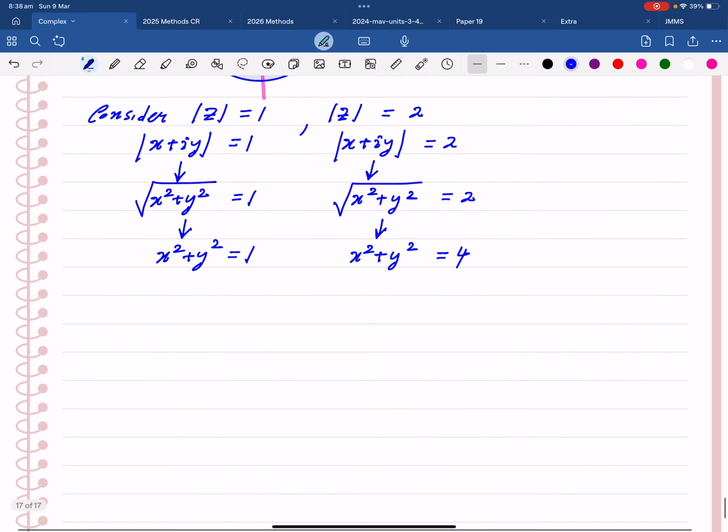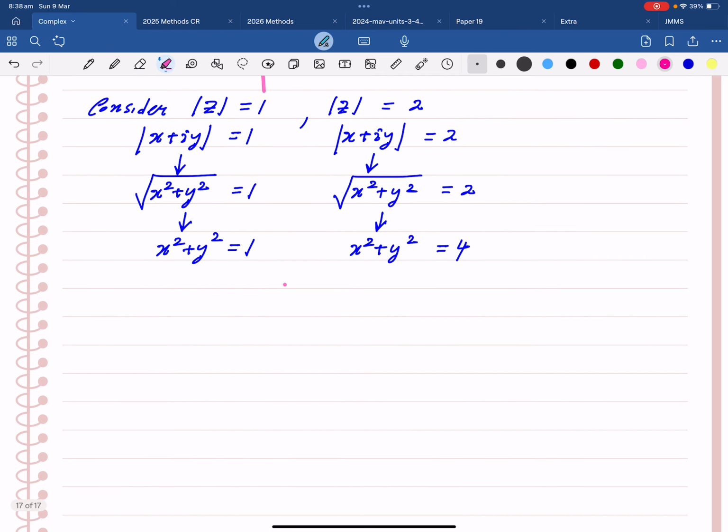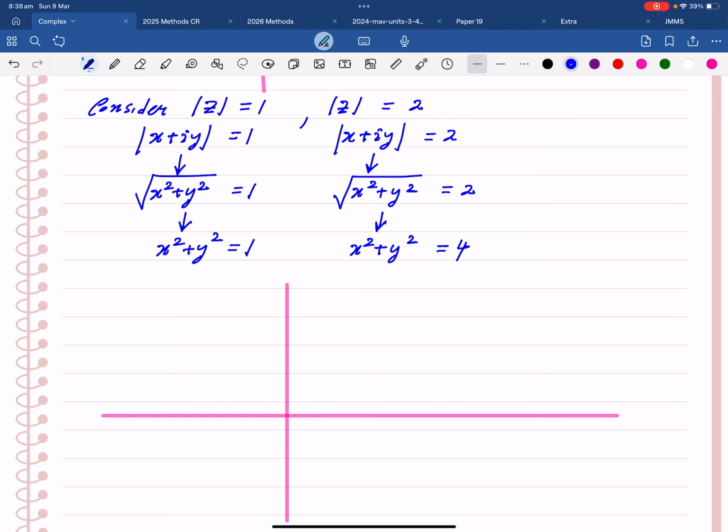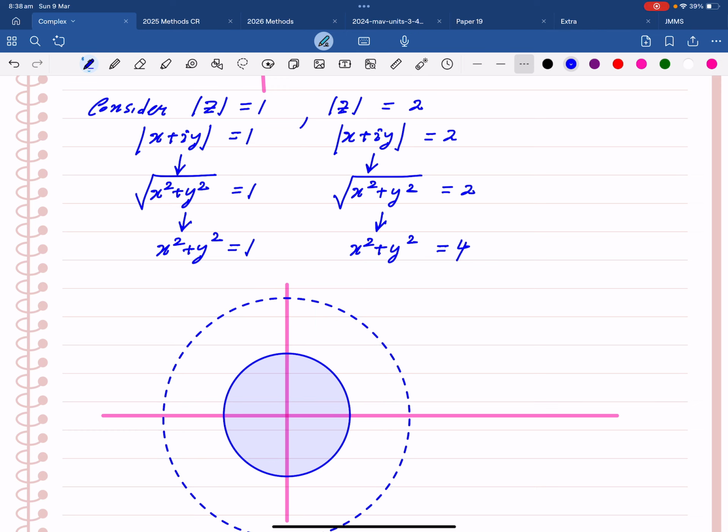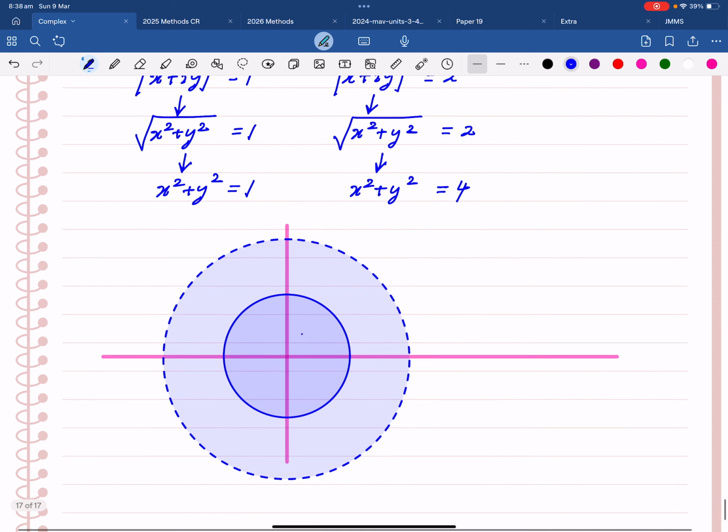Now what is the idea here? Idea is this. Idea is you get a circle like this, and you get another circle like that. Now, the radius from here to here is going to be 1.